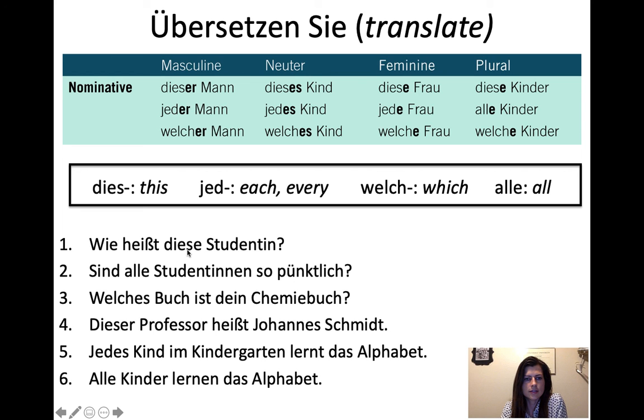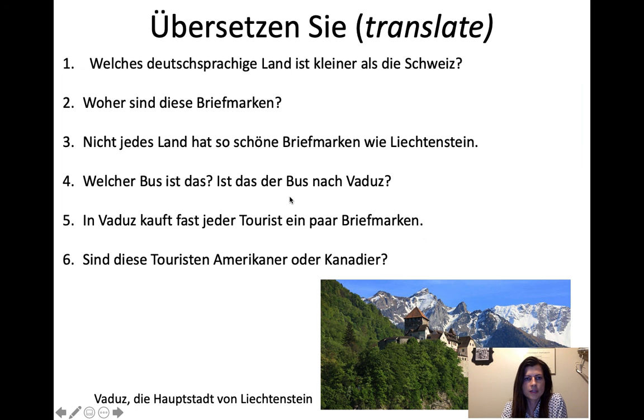There's diese, alle, welches, dieser, jedes, alle. So just translate those according to the meaning. And then translate these sentences about Vaduz, which is die Hauptstadt von Liechtenstein, the capital city of Liechtenstein. So these will contain some of those der words as well.